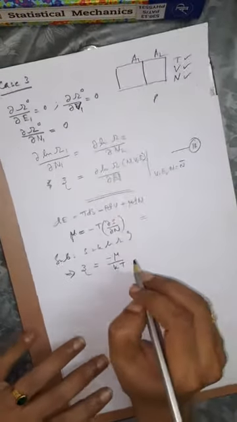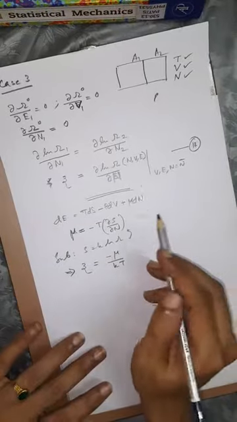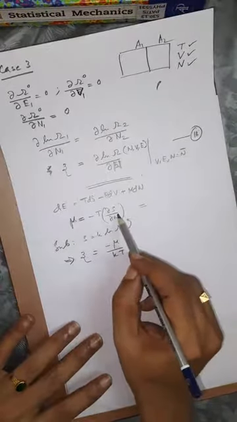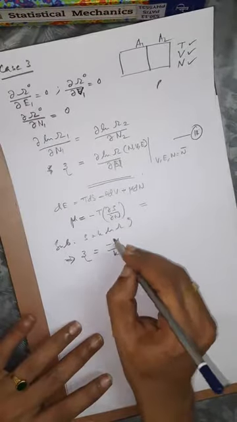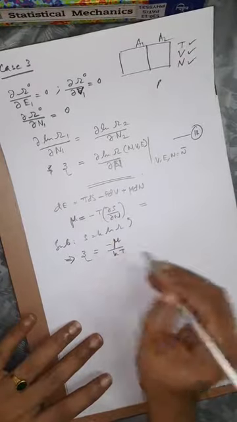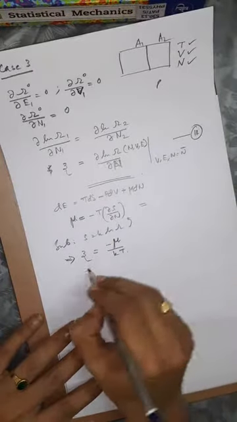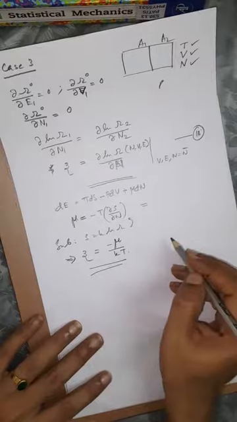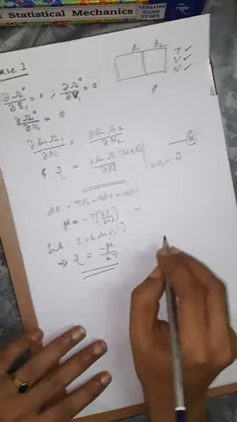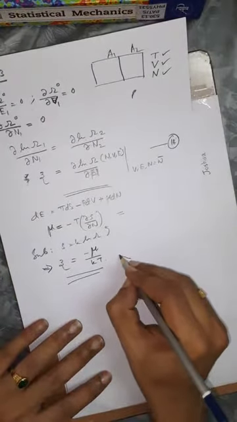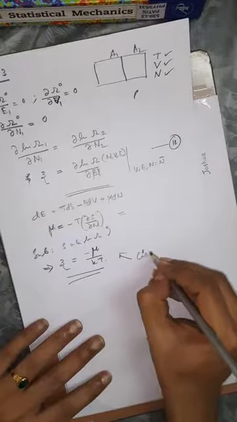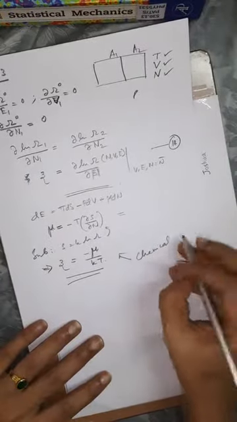Dou ln omega by dou n, which is theta. So therefore theta is equal to minus mu by Kt, and this will lead me to an expression of chemical equilibrium.